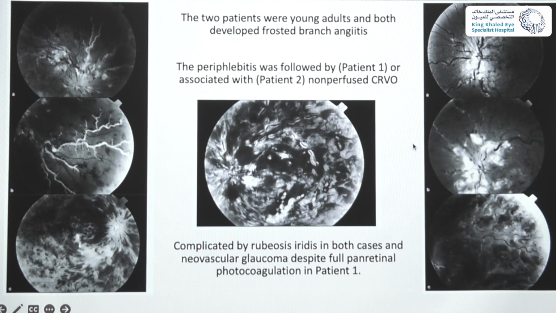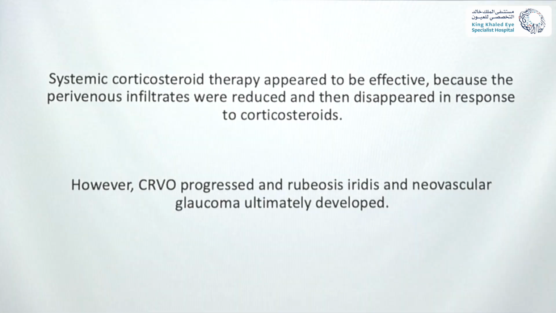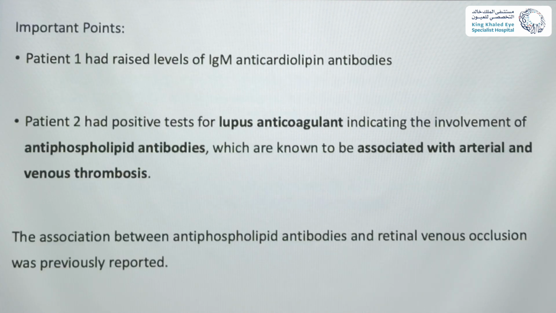Both patients were complicated by iritis and neovascular glaucoma despite full PRP and steroid. They found that systemic steroid appeared to be effective because the perivenous infiltrates were reduced and then disappeared in response to steroid. However, CRVO progressed and neovascular glaucoma developed.